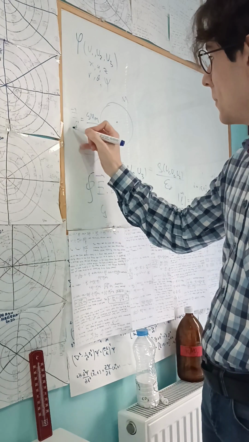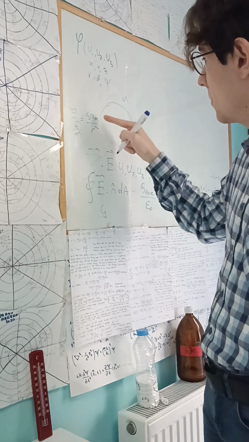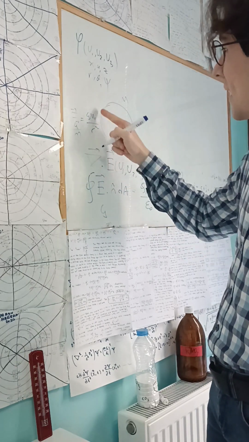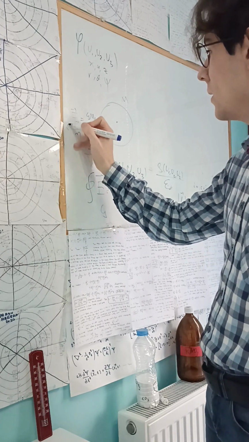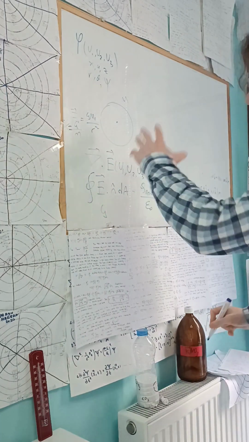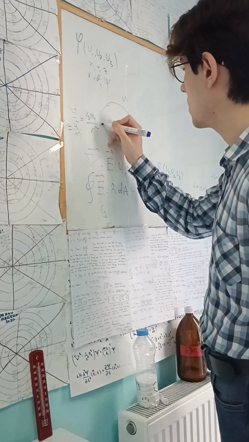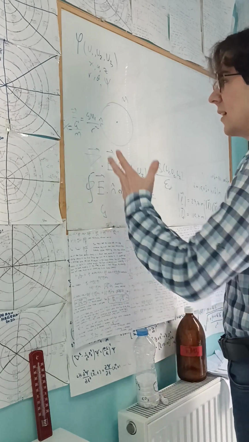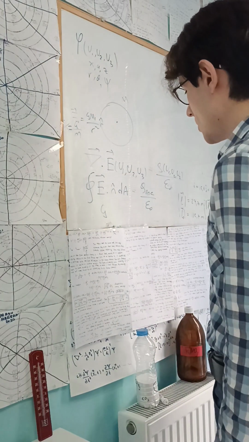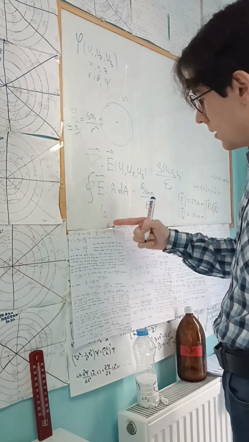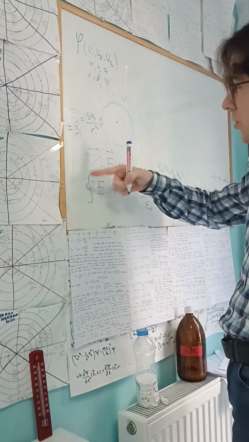So if I divide that by the mass, this is an acceleration, right? So let's call it x double dot. And it's a vector, so we must add r hat, okay? So g is the acceleration of gravitation.